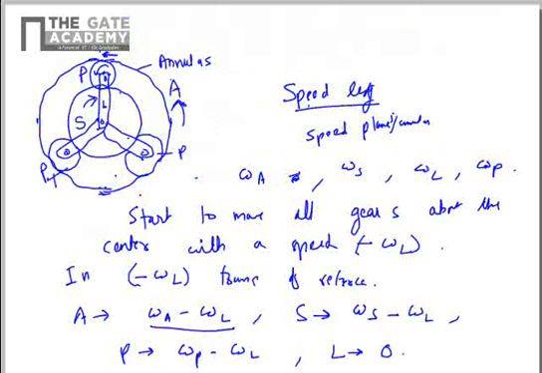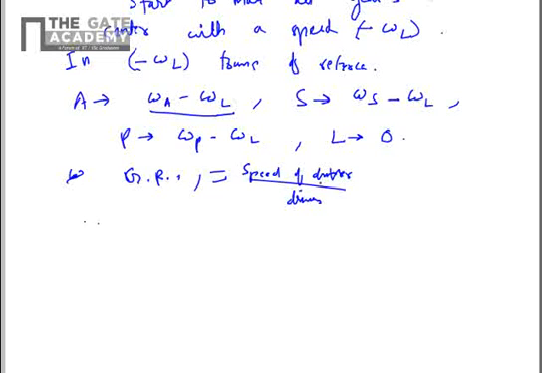So if the leg is fixed, let's say Sun is rotating at omega S and annulus is driven, then this will be equal to omega S by omega A, that will be equal to Ta by Ts. So this value will be fixed if the leg is fixed.